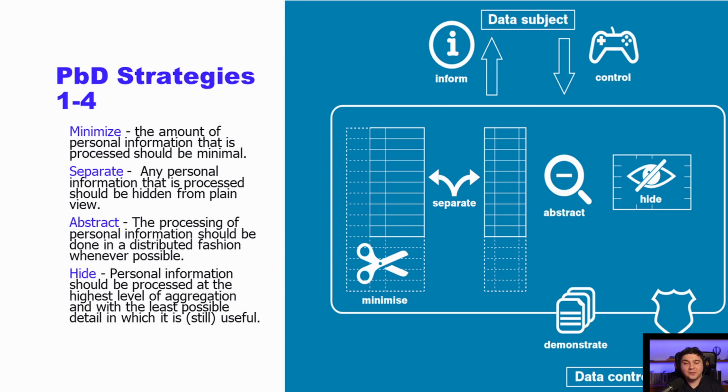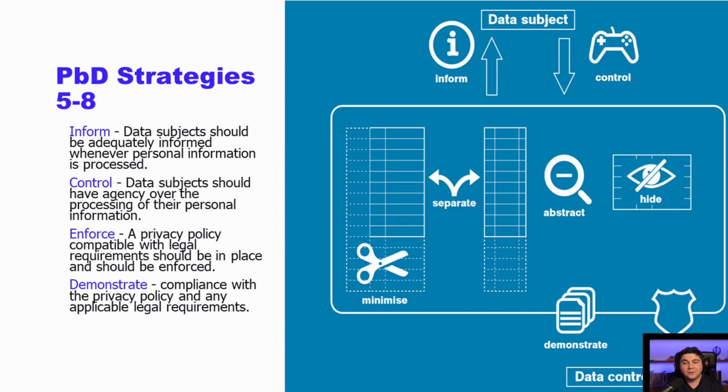Hide means that personal data should be processed at the highest level of aggregation with the least possible detail, which is still useful. Inform means that data subjects should be informed correctly whenever personal data is processed. The control aspect means that data subjects should have full power over the processing of their personal information.